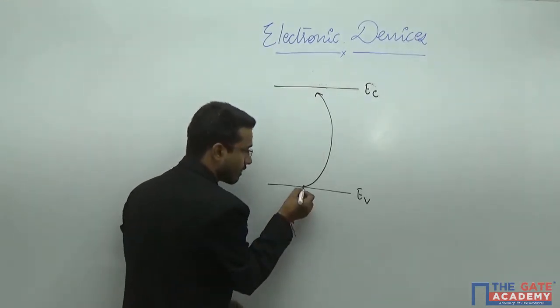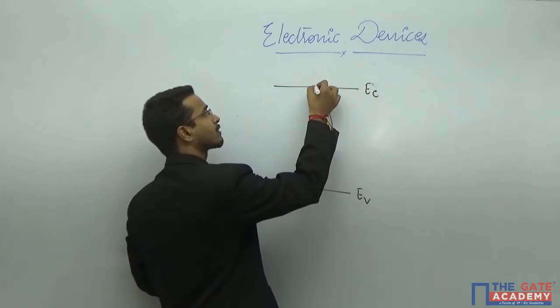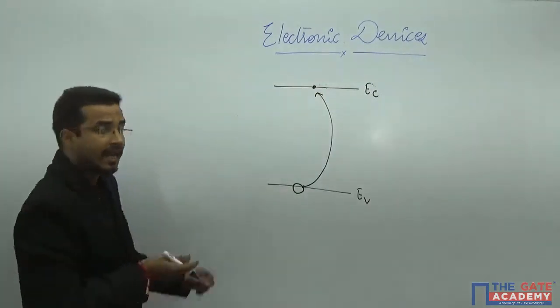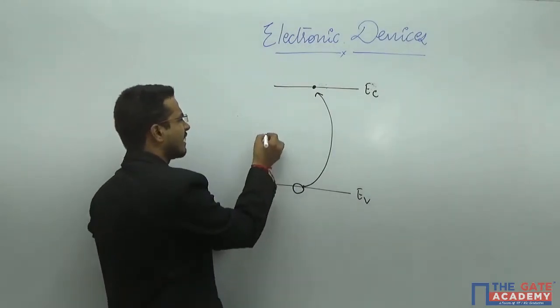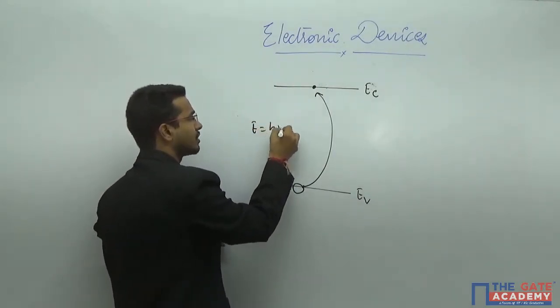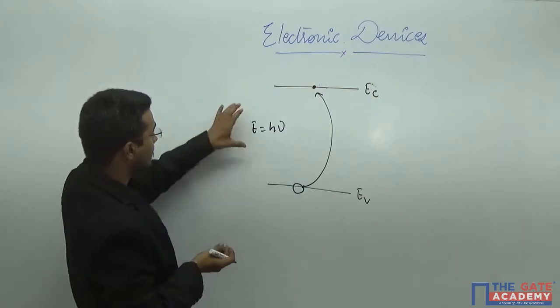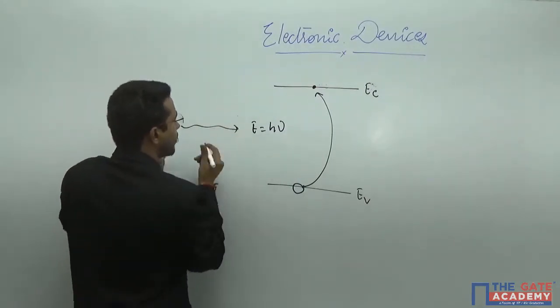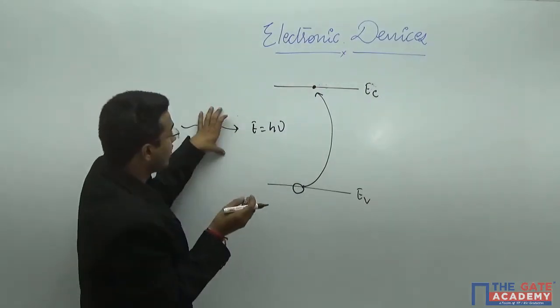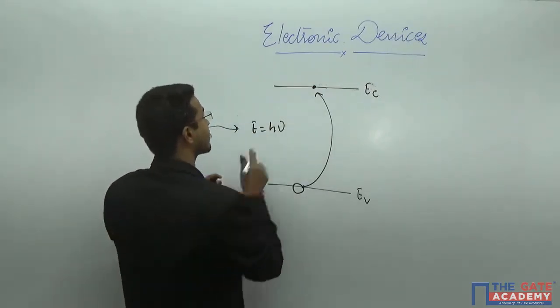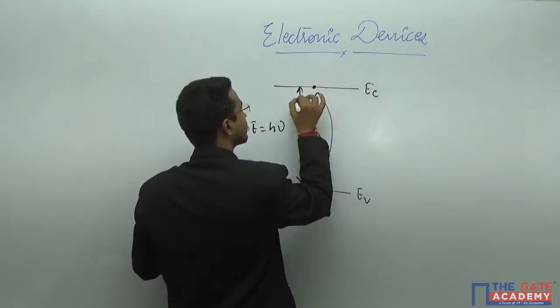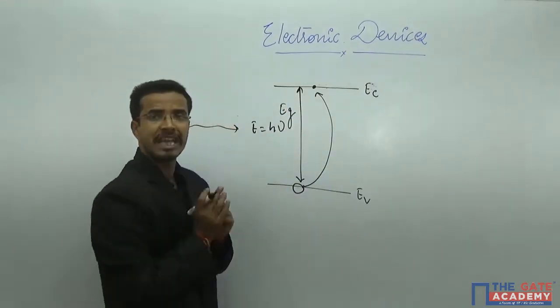Whenever this occurs, one hole will exist here and one electron will come here. The energy required is E equals h nu. If this photonic energy you provide is enough to detach the electron, that is known as EG, the forbidden energy gap.